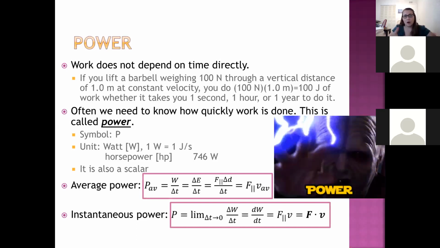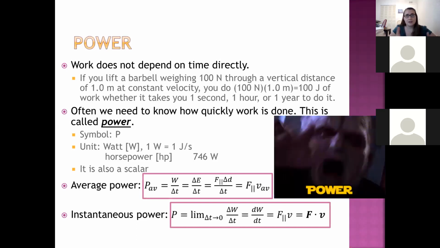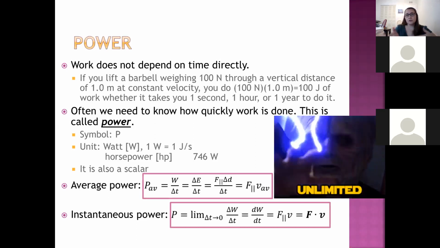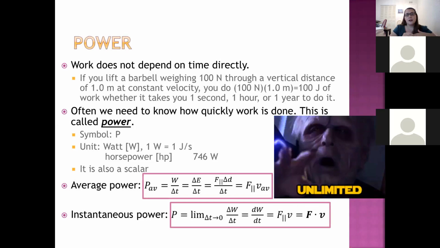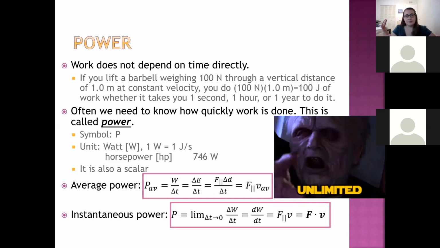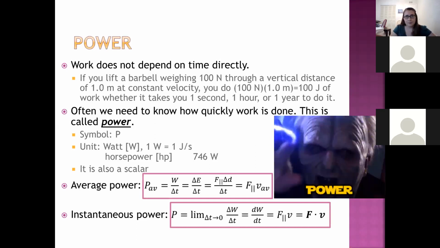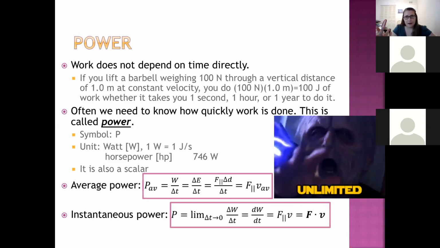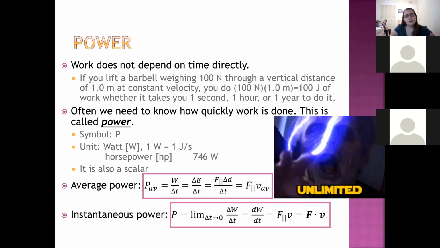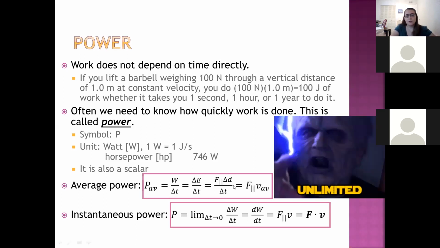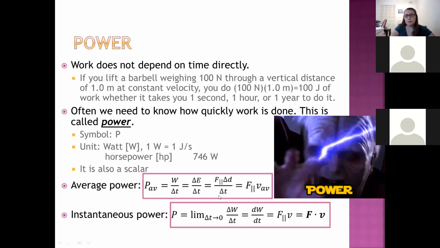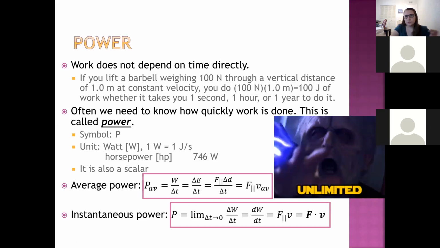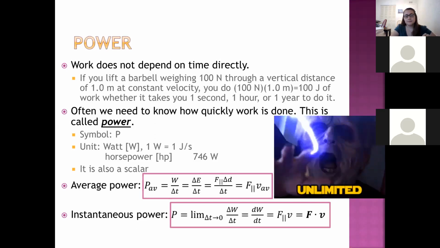I wanted to include all of the possibilities because depending on the particular scenario, you might be given a force and a velocity, or you might be given an energy and a time, and you can calculate the average power from those, whatever pair you have. I wanted to list those all for you, but you probably won't use all of them in a particular scenario. You just choose whatever is most convenient.